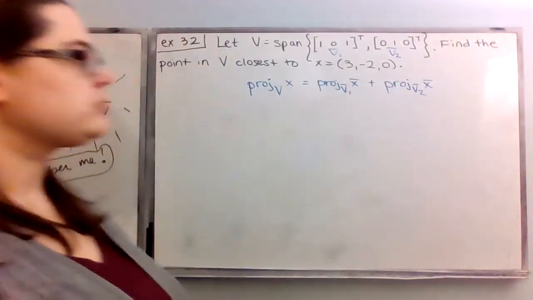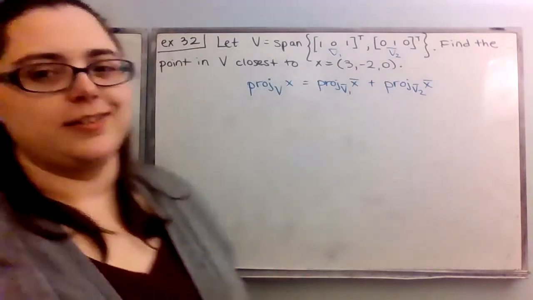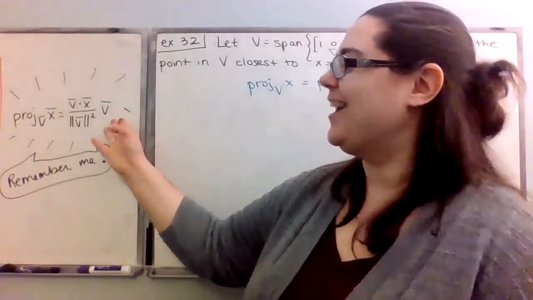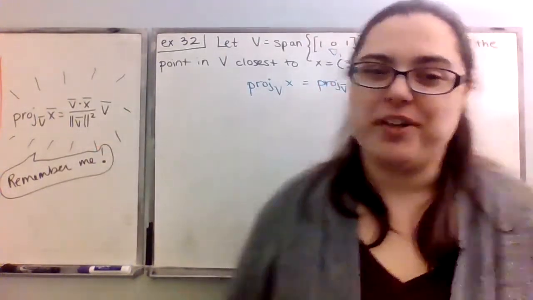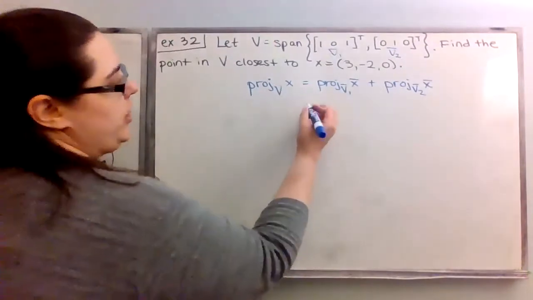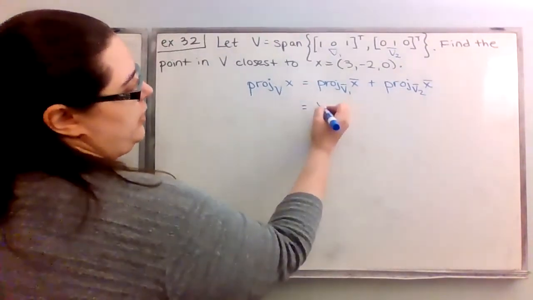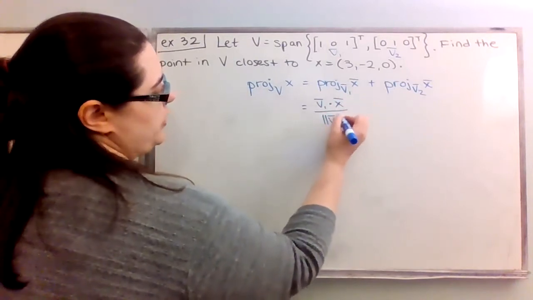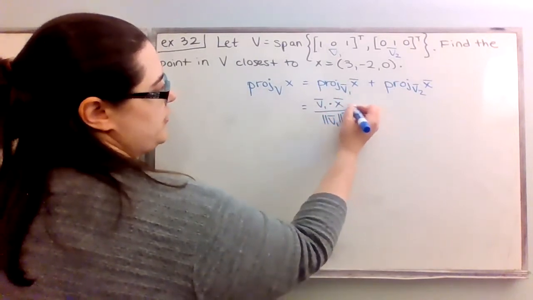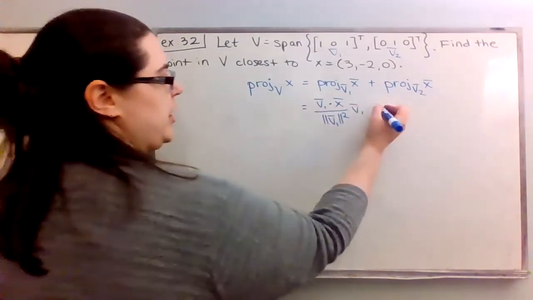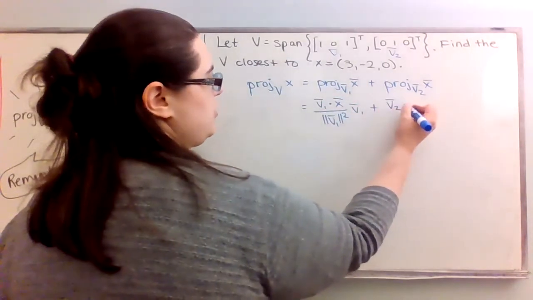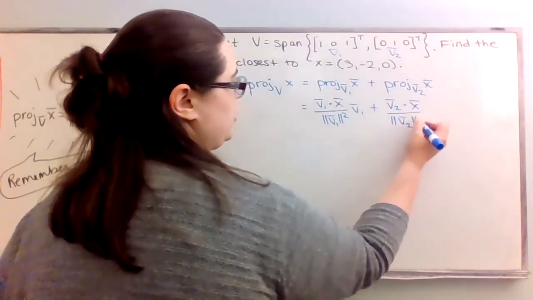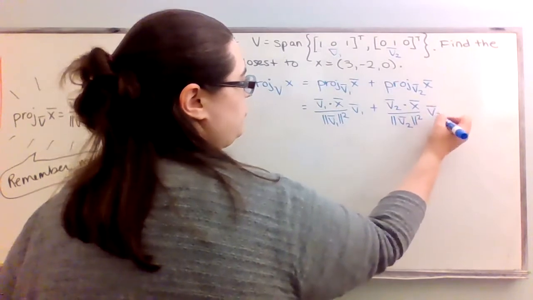So this is our formula we want to remember. We're going to have to find two of these. So this is going to be V1 dot X over the norm of V1 squared times V1, plus V2 dot X over the norm of V2 squared times V2.